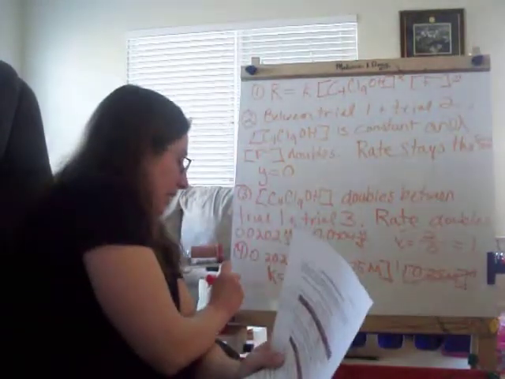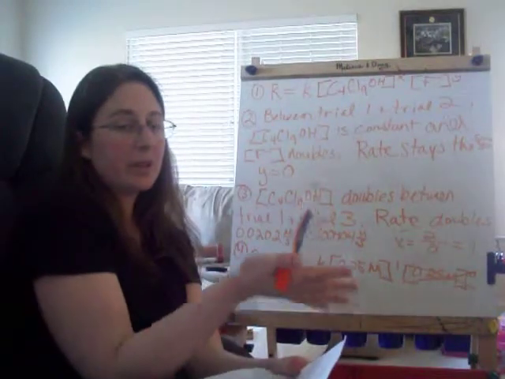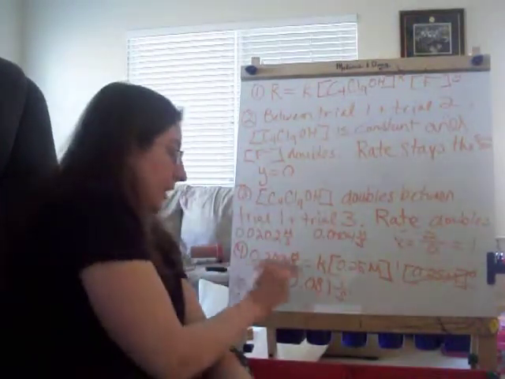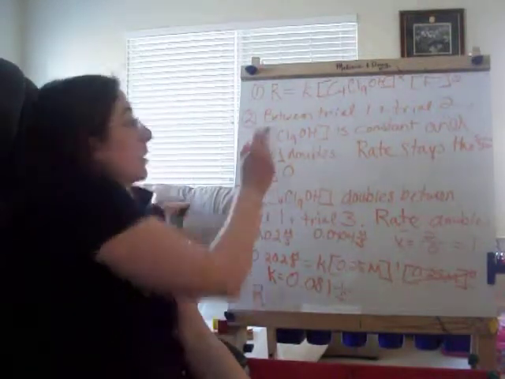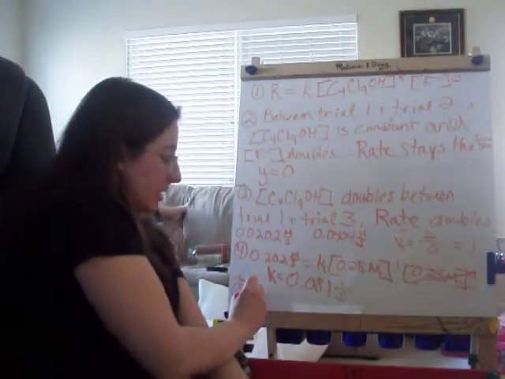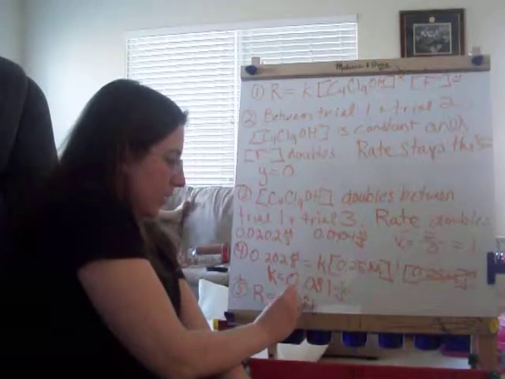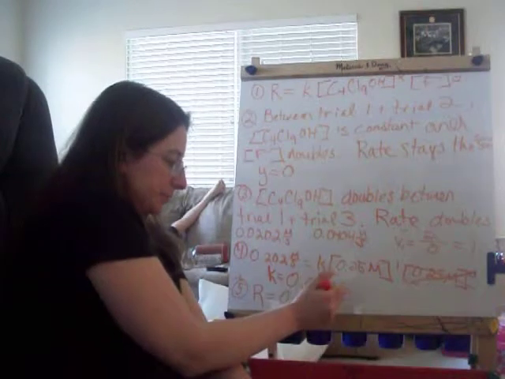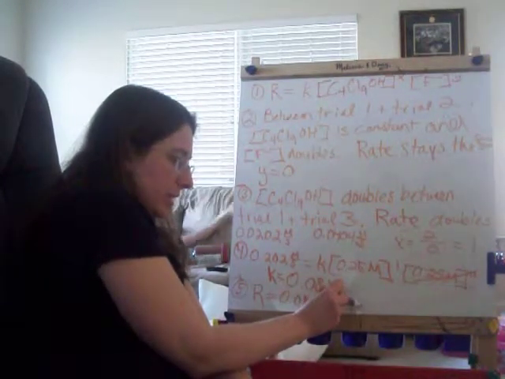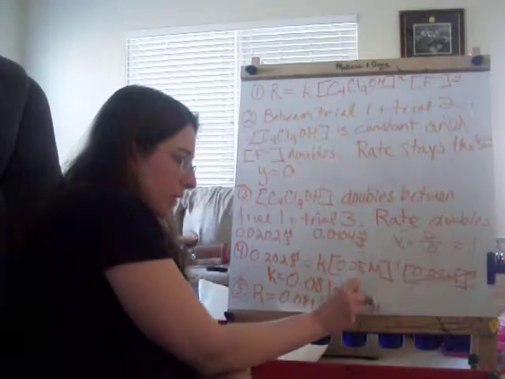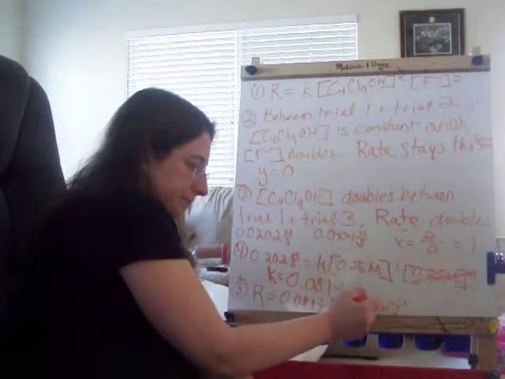Okay, so our last step is to write the rate equation. No problem is complete until you do this. So we found K, we're just plugging back into this first equation, to be equal to this K, 0.081 1/s, times the concentration of C4Cl9OH raised to the first power.